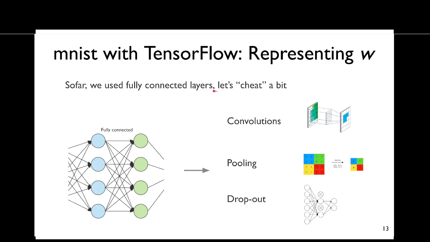And what we're introducing is a bit of cheating, you could say, because we're leaving the fully connected layers where everything in layer k-1 is connected to everything in layer k, and we introduce some special operations like convolutions, which comes from image analysis, and pooling, which reduces the resolution of the data, and dropout, which simply removes data and increases the robustness of the networks. But let's look at them one by one.